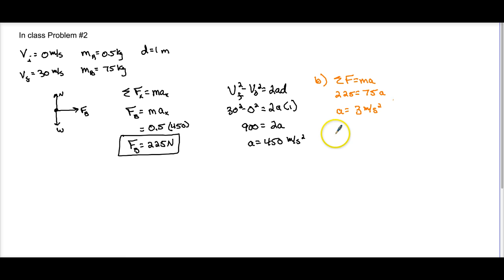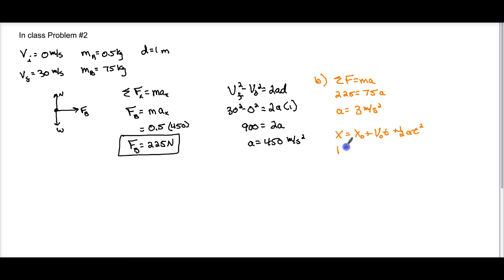So we need to go to this equation where x equals x sub o plus v sub o t plus 1/2 a t squared. We're looking at the rock here, because the time that he exerts a force on the rock is also the time that the rock exerts a force on him.